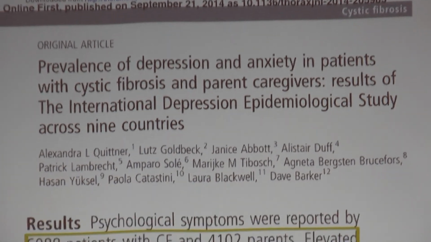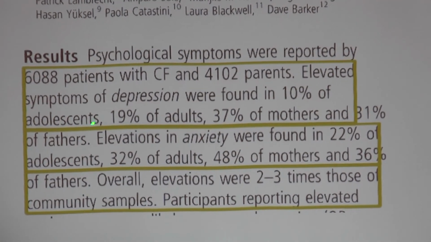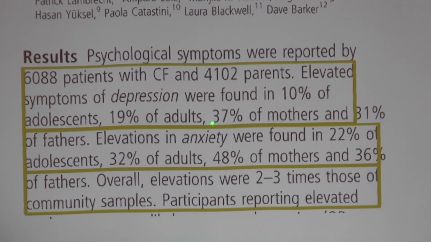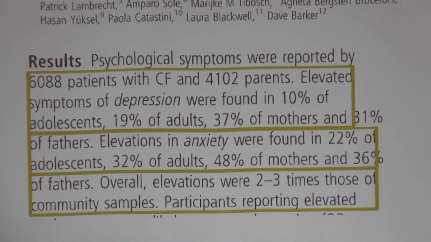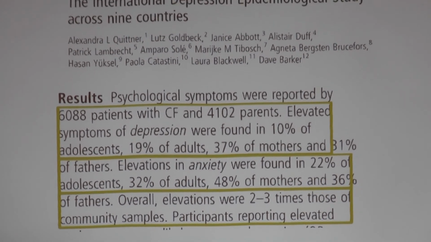What they found was that 10% of adolescents, 19% of adults, 37% of mothers, and 31% of fathers had symptoms of depression. Anxiety in 22% of adolescents, 32% of adults, 48% of the mothers, and 36% of the fathers. Well, what's the general background? This is 2 to 3 times that in the general population. So these are definitely very important problems to address.